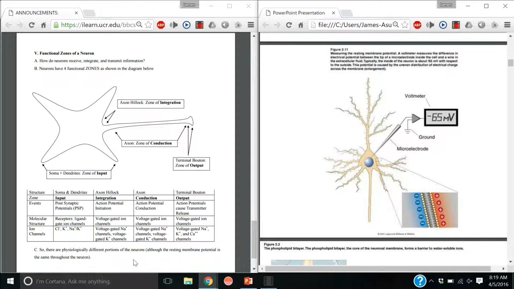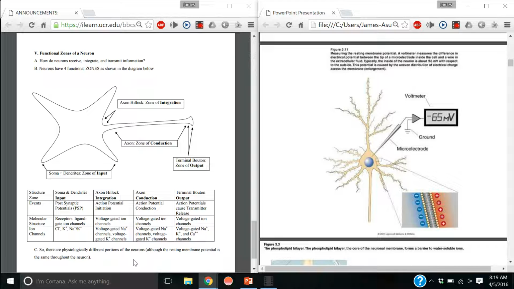But it's because of those different kinds of channels that in the soma and dendrites you have postsynaptic potentials, which are different from the action potentials that you have in the axon hillock and the axon, as well as in the terminal bouton.